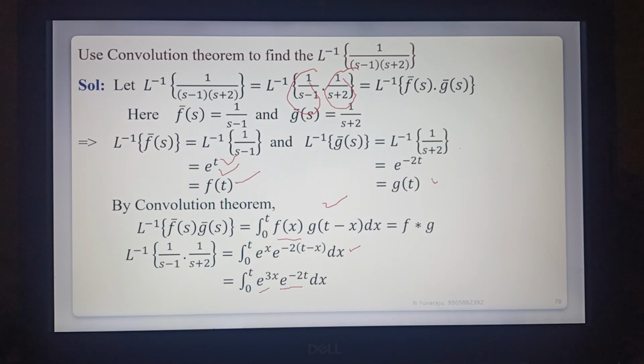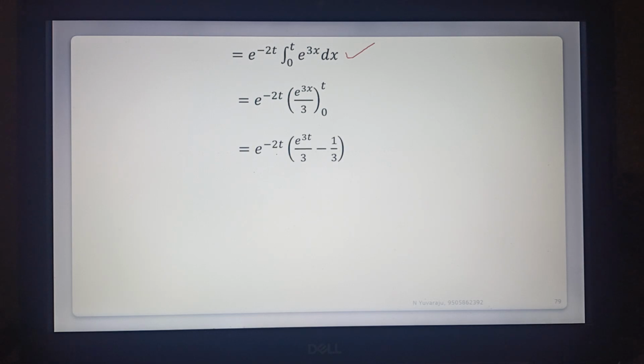Now finding the integration of e power 3x. e power minus 2t is a constant, integration 0 to t of e power 3x into dx. So e power minus 2t into e power 3x by 3, limit 0 to t. That is equal to e power minus 2t into, substituting the upper limit, e power 3t by 3 minus e power 0, that is 1 by 3.